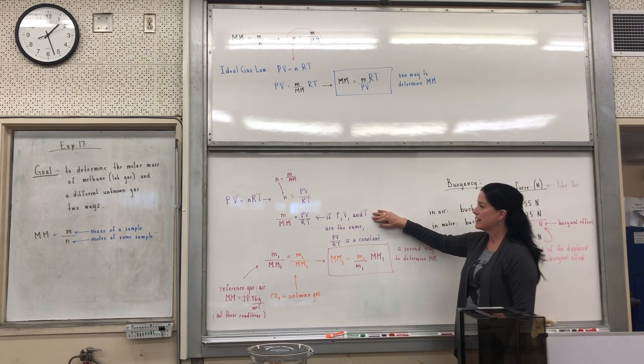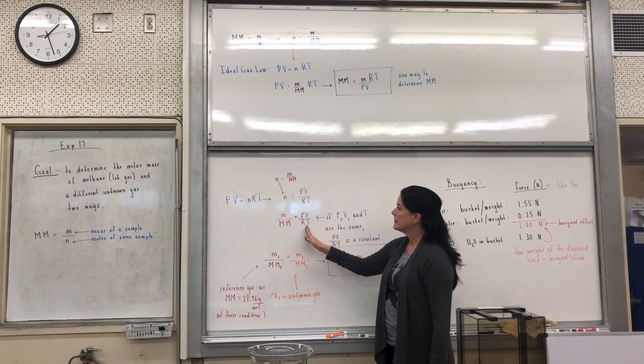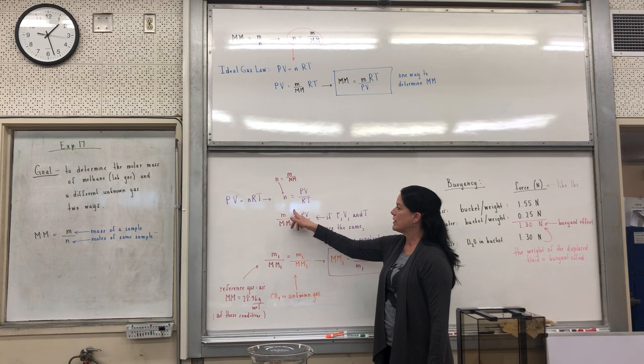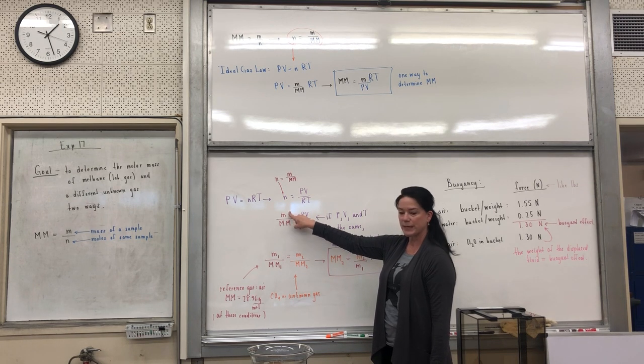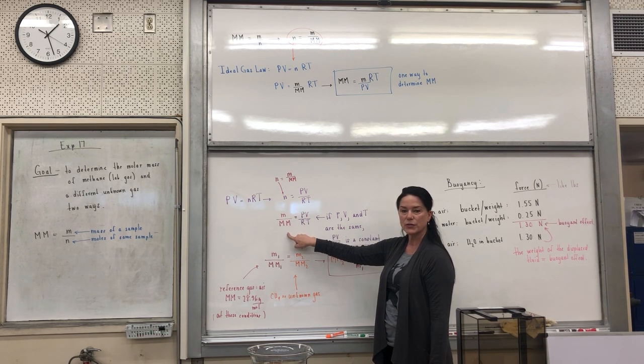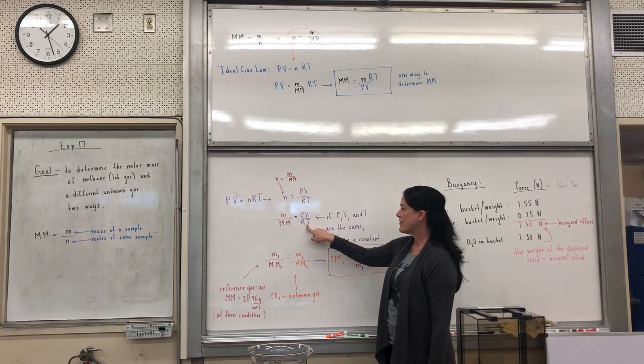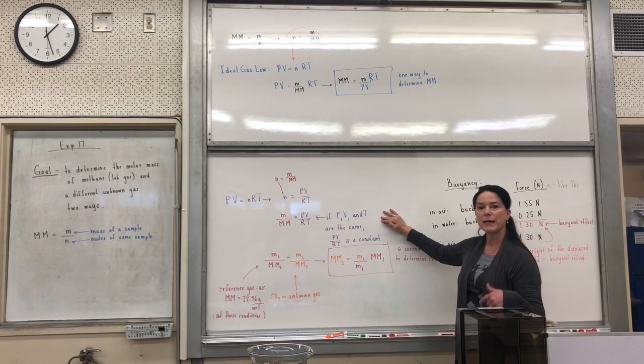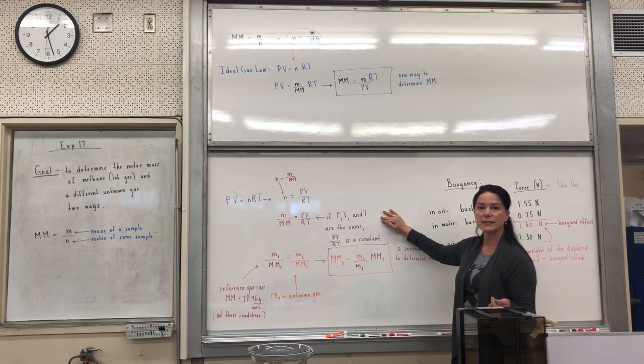And then now I have an arrangement where on one side of my equation I have a measurement, which is mass, and the molar mass, which is what I'm solving for. And on the other side of the equation, I have P, V, and T, but if we make all these measurements at the same time, they should be the same value.